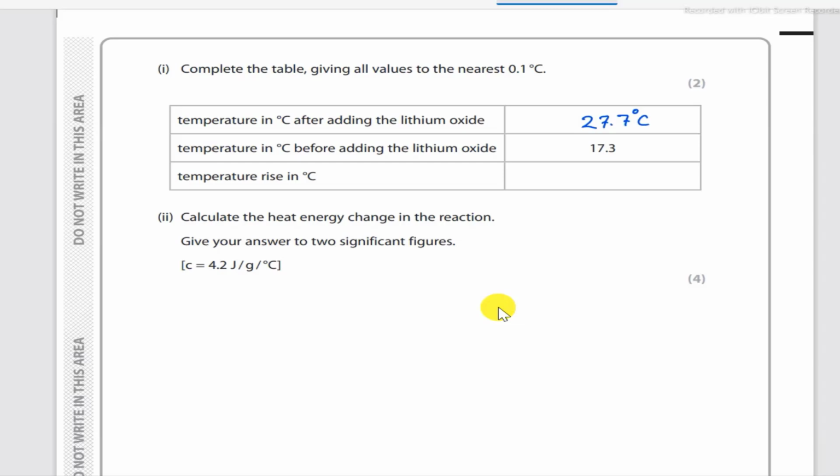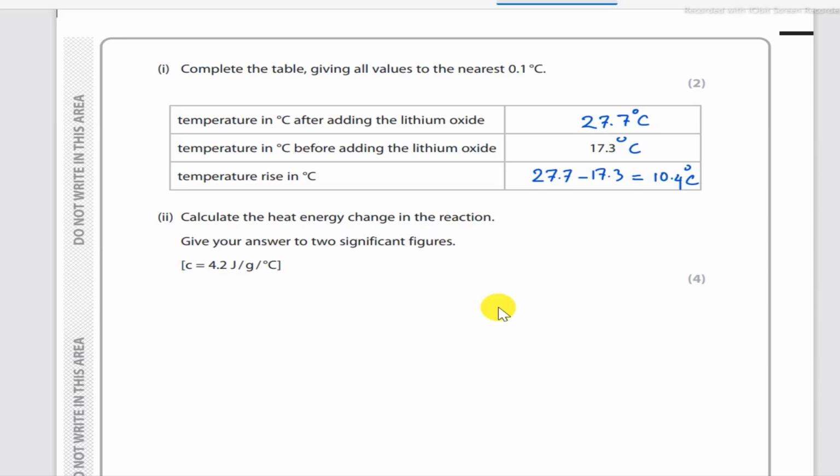Temperature before adding, 17.3 degrees Celsius. Temperature rise: 27.7 minus 17.3, so the answer is 10.4 degrees Celsius.